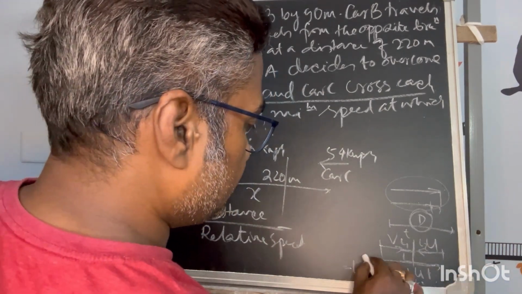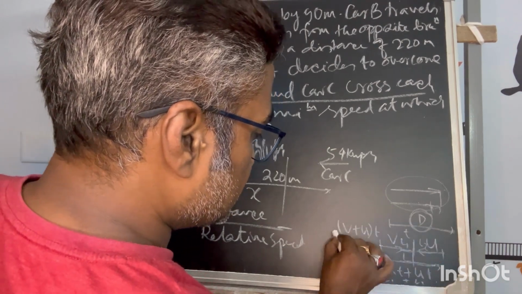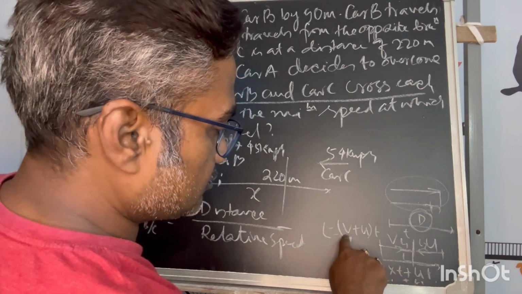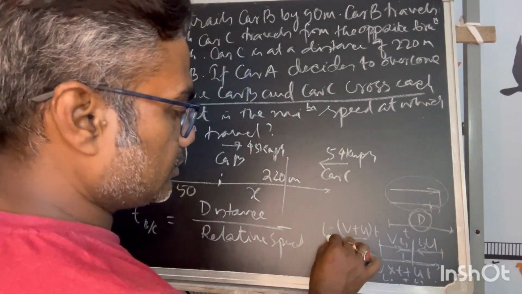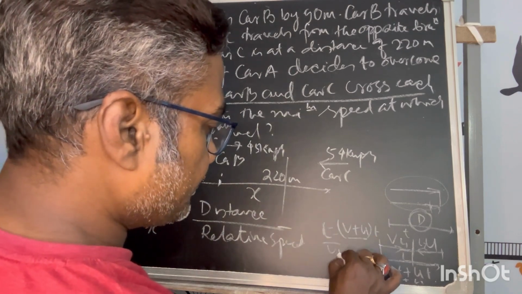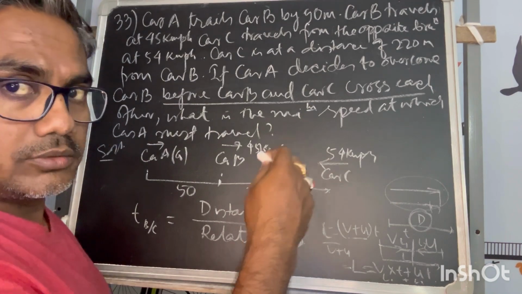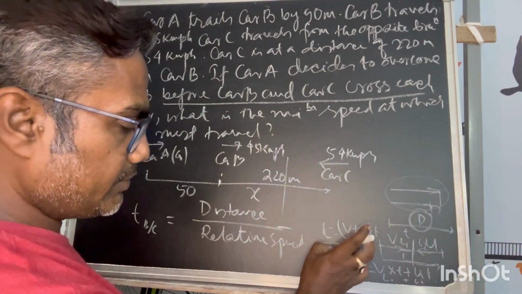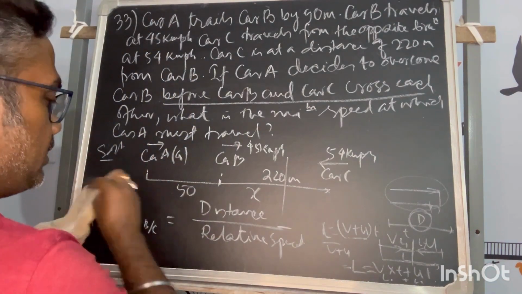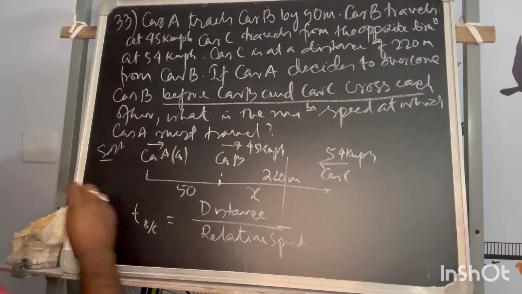Taking t common, (v plus u) into t equals the length. So time is equal to the distance divided by the relative velocity. In the opposite direction, the velocities are added. The relative velocity has to be used to cover the same distance.